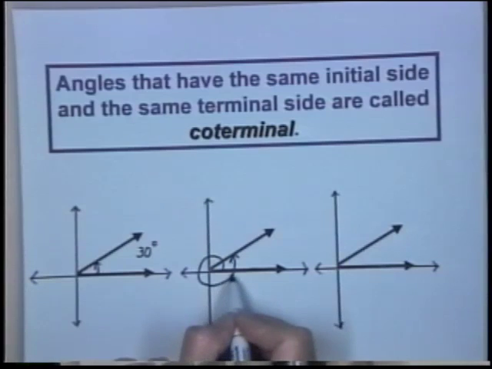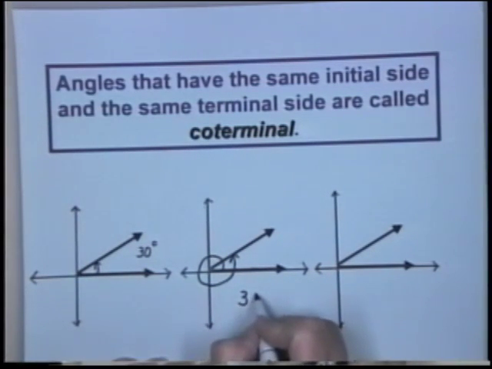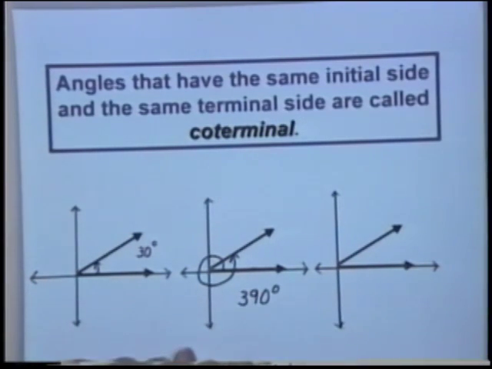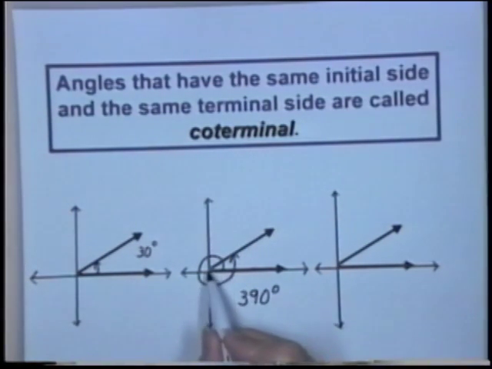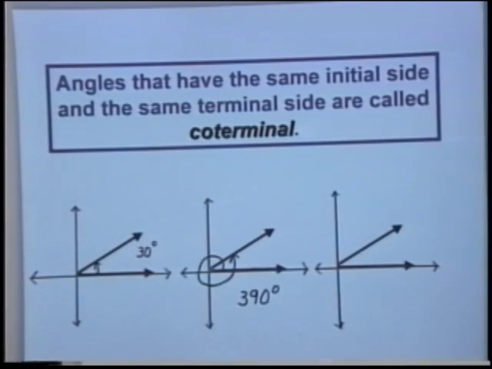All the way around would be 360 degrees, plus 30 more degrees would make the measure of this angle 360 plus 30, or 390 degrees. A 390-degree angle and a 30-degree angle are coterminal because they both have the same initial side, they both have the same terminal side, only the amount of rotation has changed.